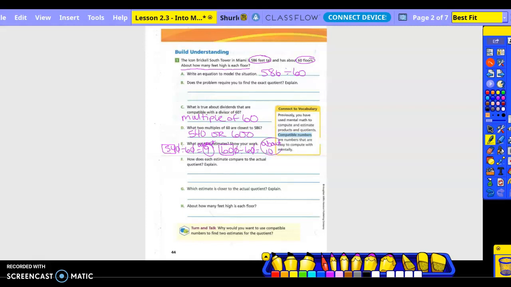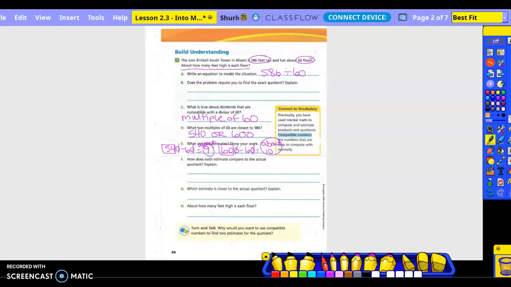10. So previously, you have used mental math to compute and estimate products and quotients. Compatible numbers are numbers that are easy to compute with mentally. So is that what we use with compatible numbers with letter D? Yes. How does each estimate compare to the actual quotient? We said we got a low estimate and a high estimate.